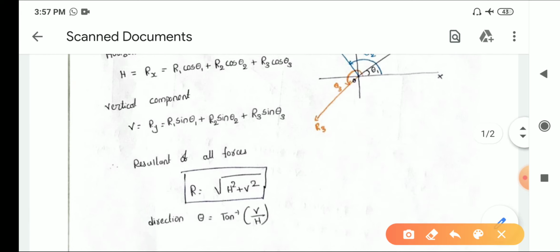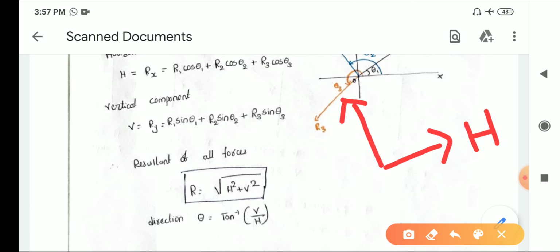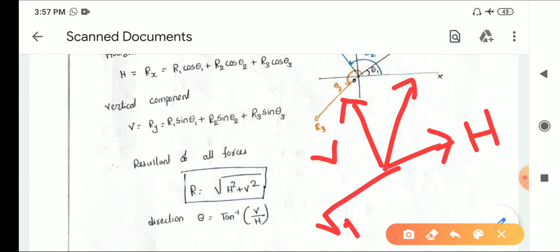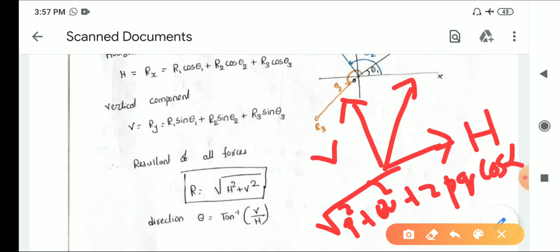Now, combining all the three forces, we get the horizontal component as H and the vertical component as V. To make these two forces into a single force, we already know the parallelogram law. What is that formula? P square plus Q square plus 2PQ cos alpha. But as the alpha value here is 90 degrees, this part vanishes, right?